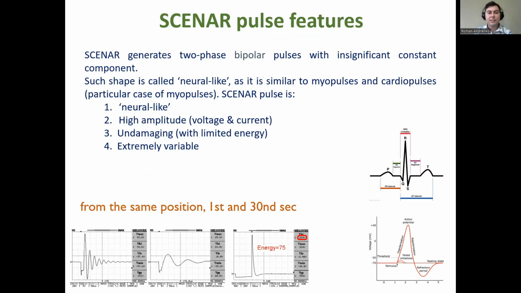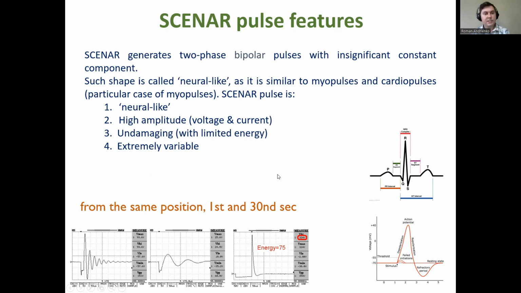Also, the Scenar pulse is a neural-like pulse, which is pretty close in shape to the pulse generated by our nervous system. It's a two-phase bipolar pulse with an insignificant constant component.